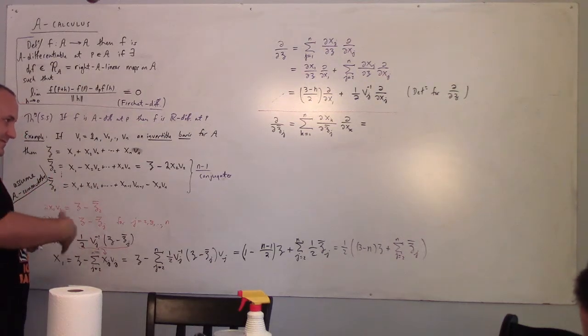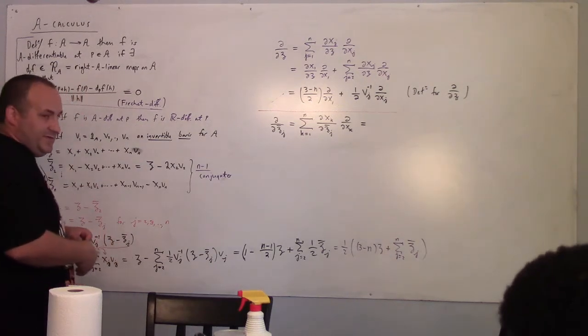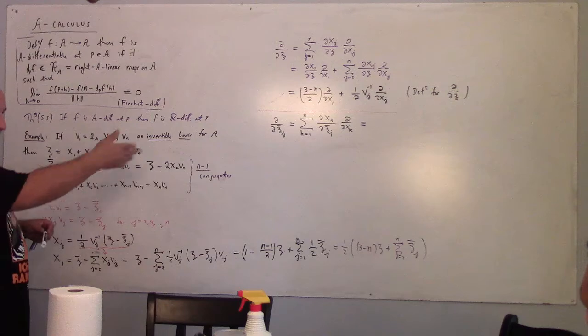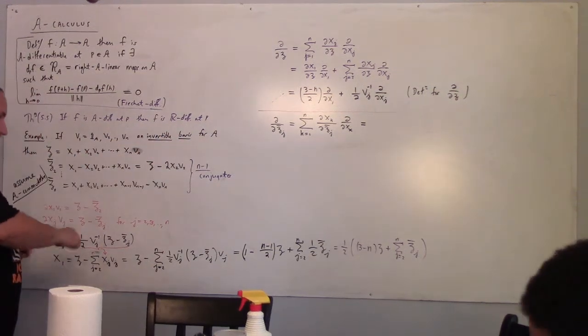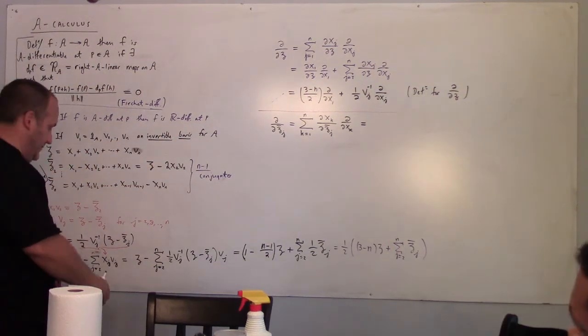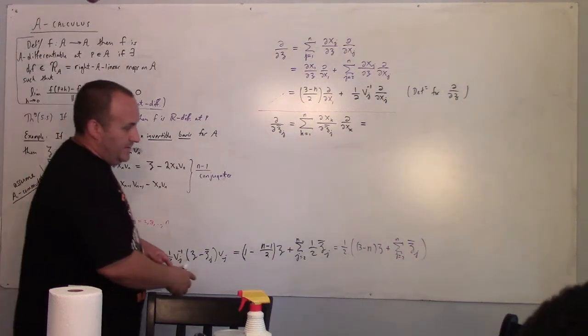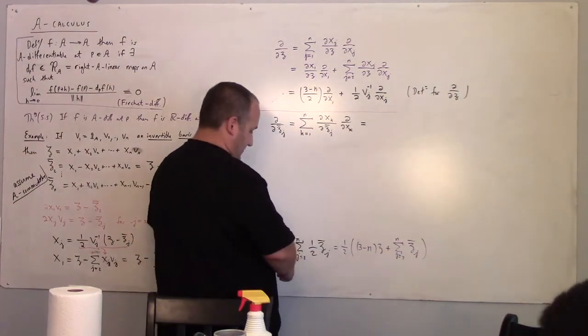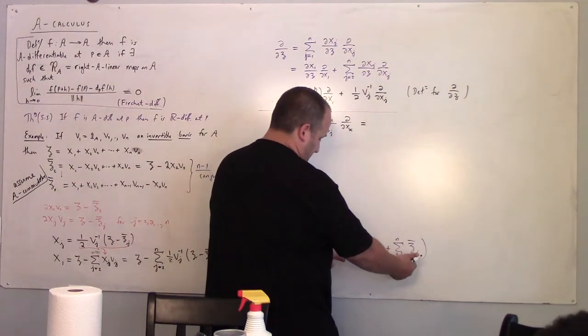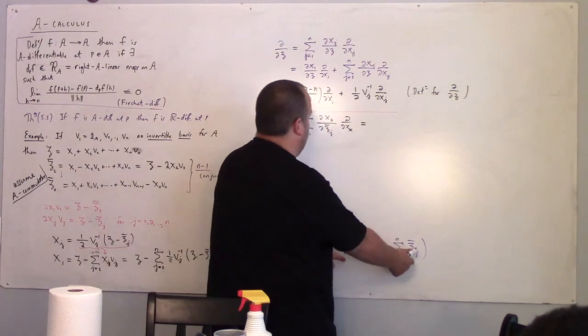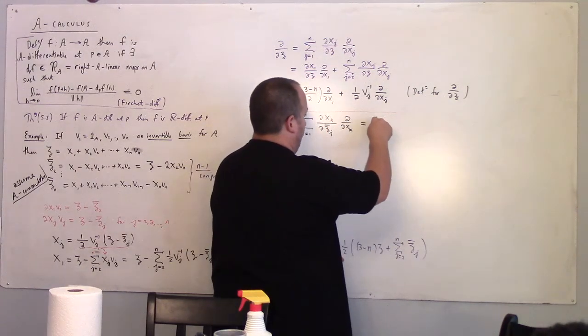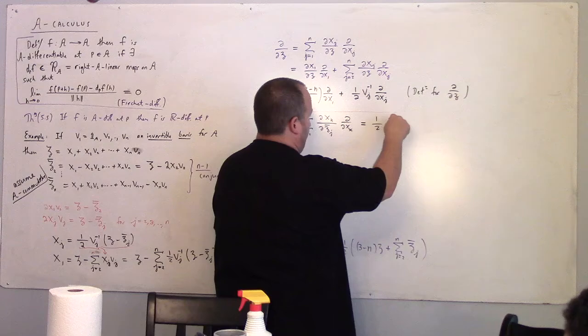But let me get this over with here. And so when I look at the partial derivative with respect to zeta bar, see what happens? You just get 1/2. So you get 1/2 partial x1.